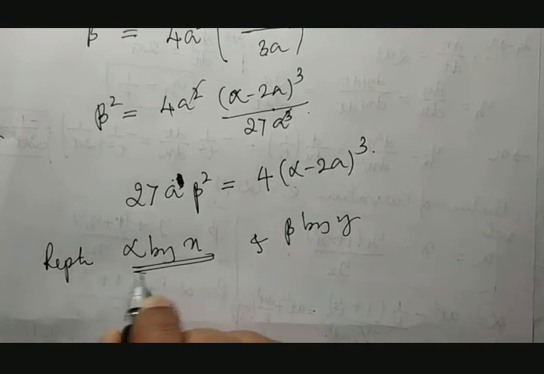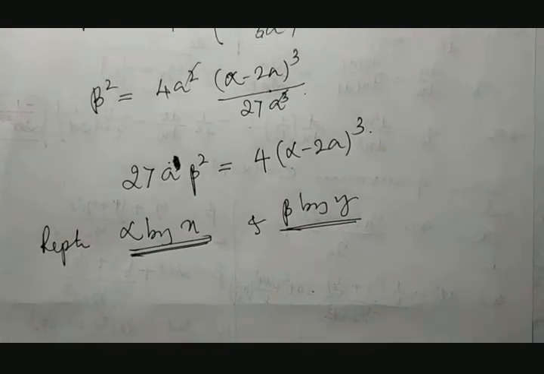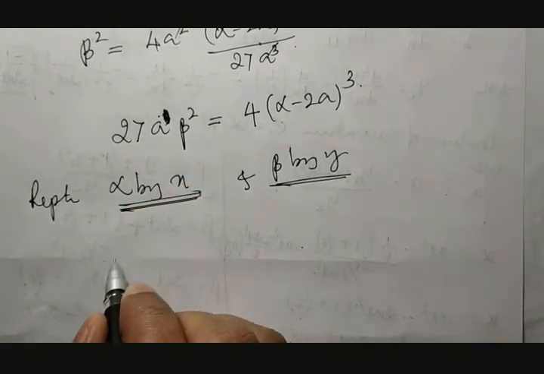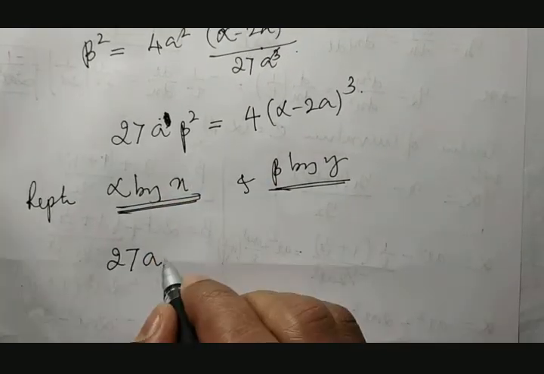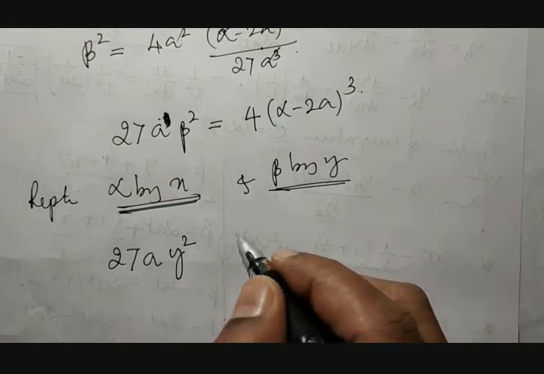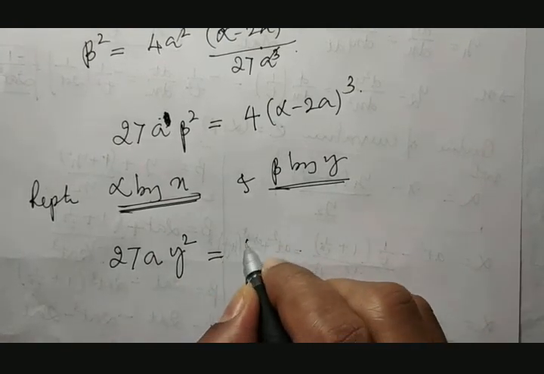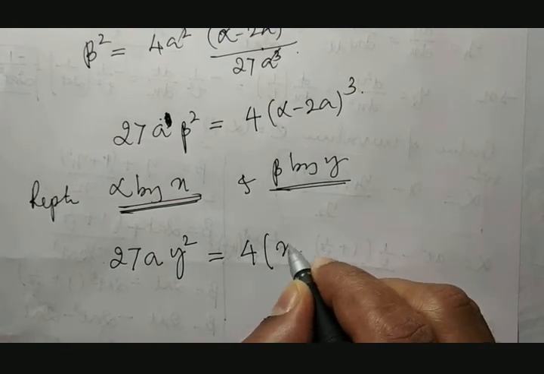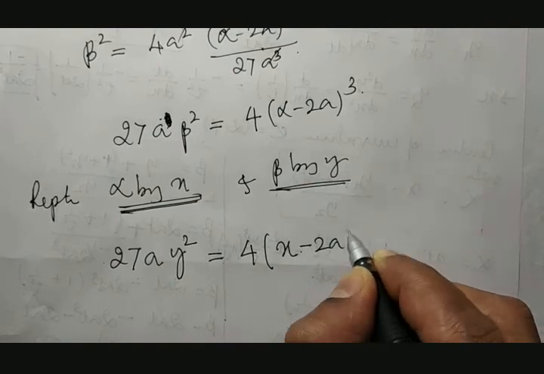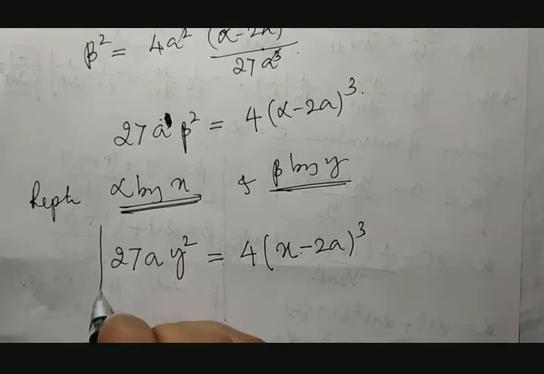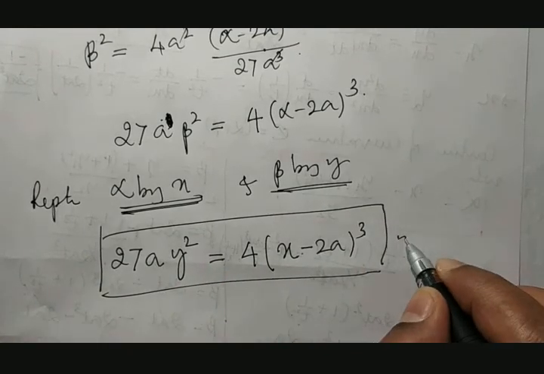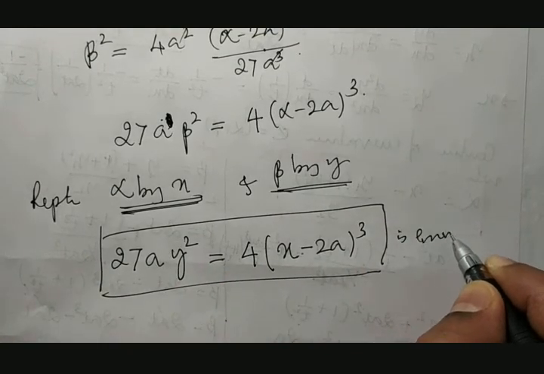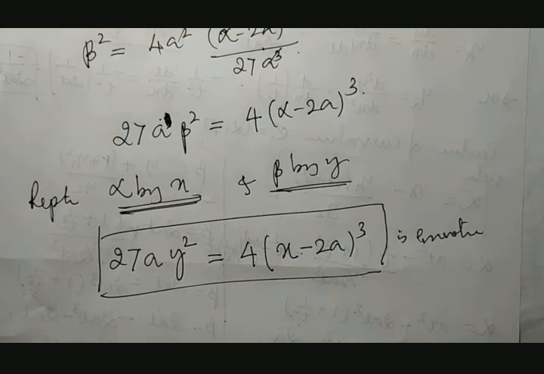This is a very important step. Okay. Then 27a into beta, beta will be replaced by y, which is equal to 4 into alpha will be replaced by x minus 2a the cube. So this is the required equation of the evolute of the given curve.